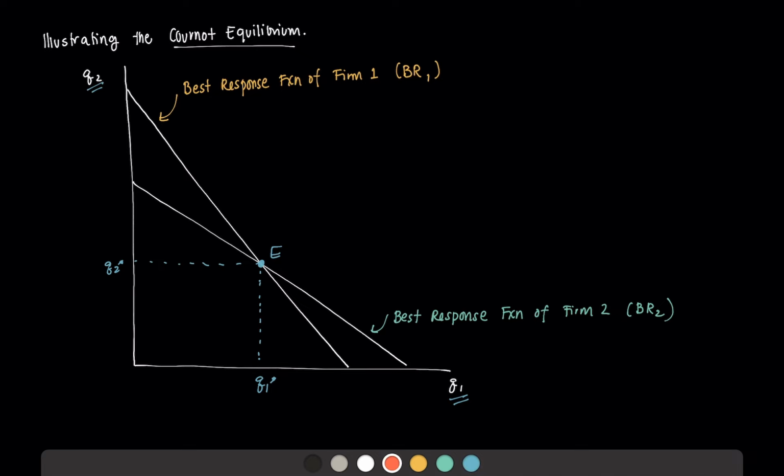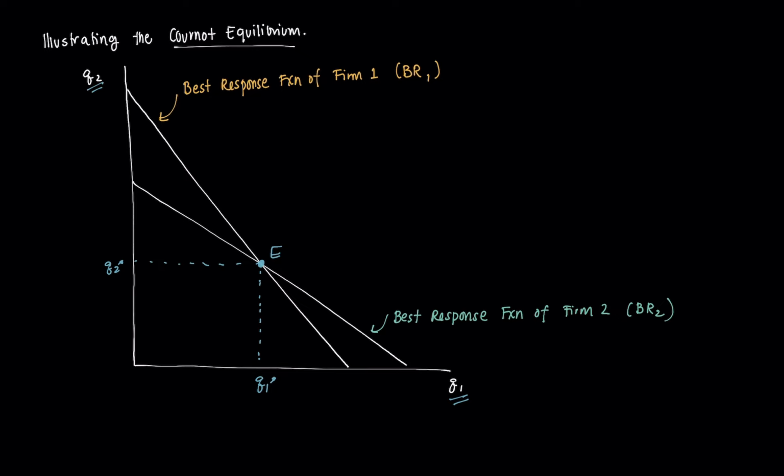Say we were at this point initially. Then firm 2 would supply this much, and firm 1 would only supply this much. This is firm 1. Because firm 1 has an incentive to perform better, it would typically try to respond by lowering price.